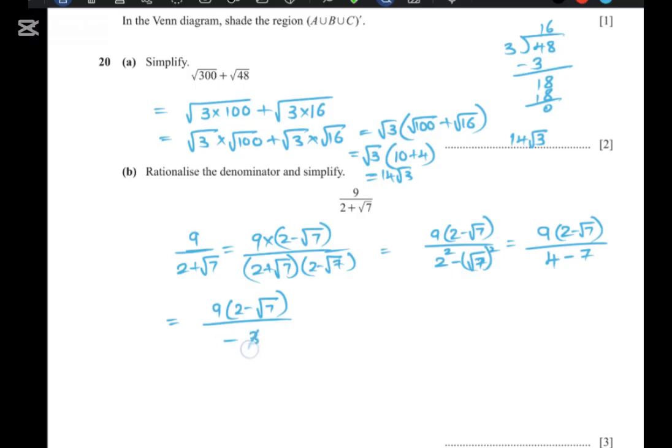Now 3 ones are 3, 3 threes are 9, and since a minus sign is there, it is minus 3 into 2 minus root 7. That can be written as minus 6 plus 3 root 7. So this will be 3 root 7 minus 6. This is the simplified answer.